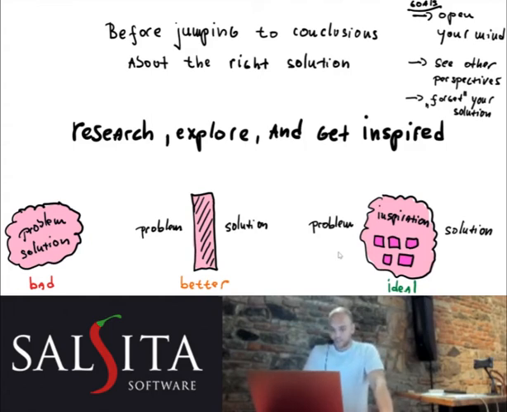But an even better solution is to split the discussion between problem and solution by having a discussion about some kind of inspiration, right? And why is that important? Because again, as I said, it's way easier for people to communicate a solution rather than a problem.